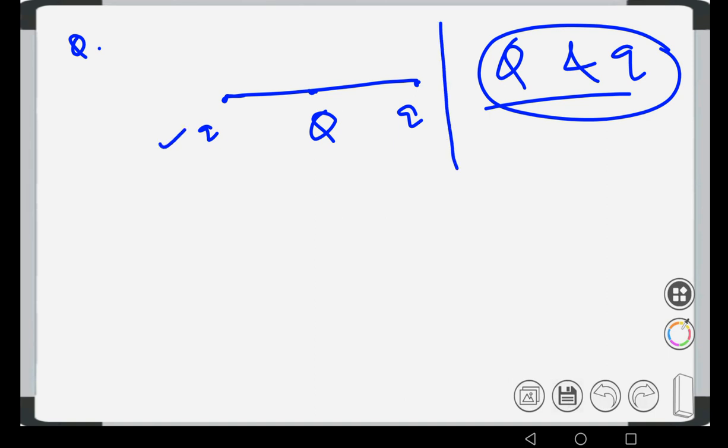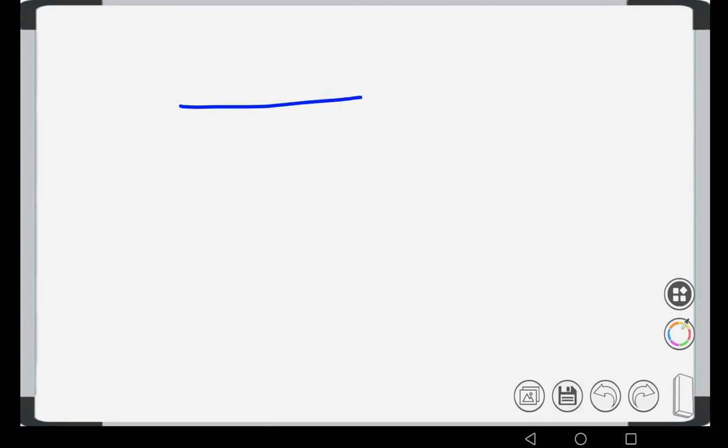Maybe both the small charges are positive and this one is negative. Maybe all three charges are positive. That we don't know, since the sign is not given. But we will have to find out the relation between small q and capital Q. So presently we don't know the sign of small q or of capital Q. Keeping this in mind, let us try to solve the question.